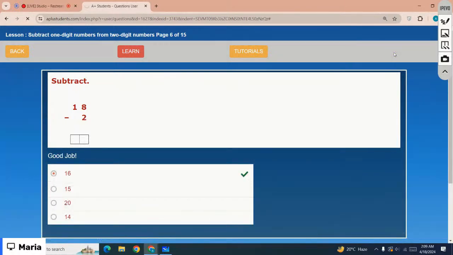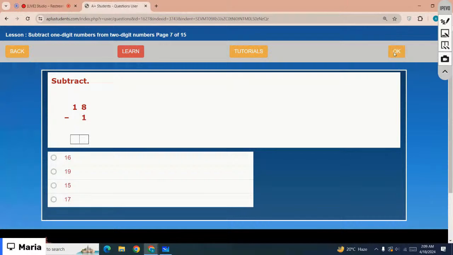The next one is 18 take away 1, which is the correct option? The correct option is 17.